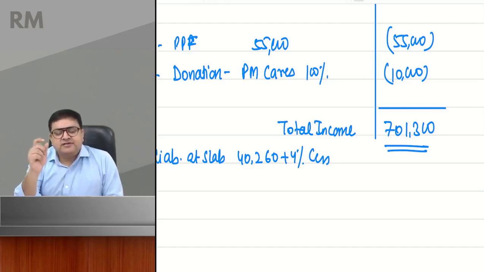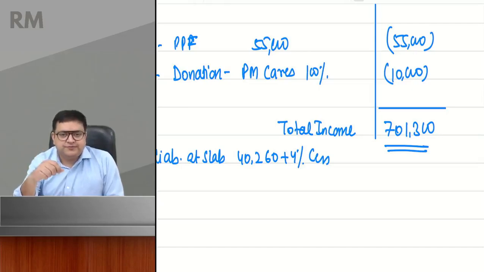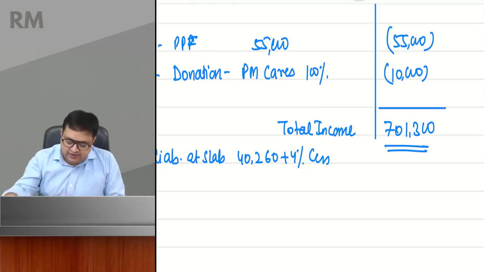But in default regime, there is also a concept of marginal relief. If your income is going a little above 7 lakh, 7 lakh 1,000, 7 lakh 2,000, around 7 lakh 28,000 or 29,000, then there is marginal relief also in default regime. But he is not following default. So there is no rebate over here.